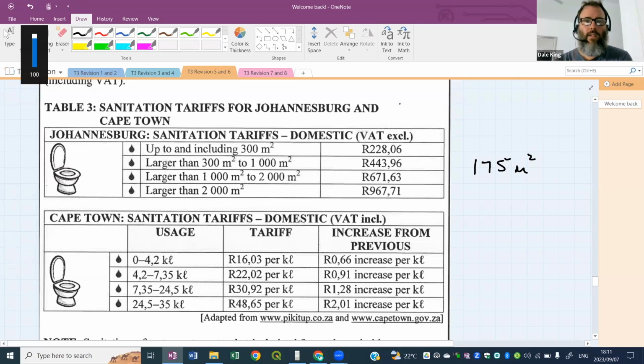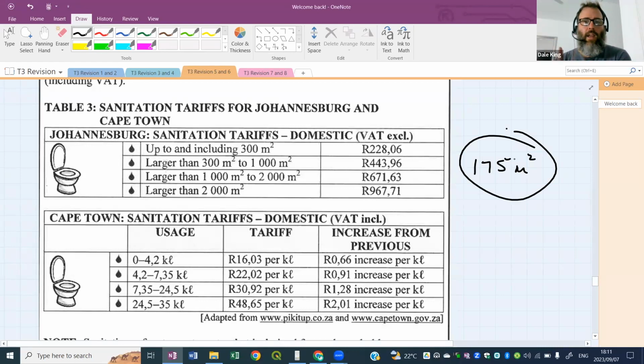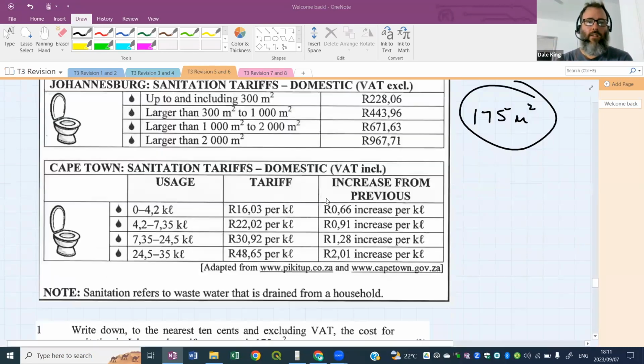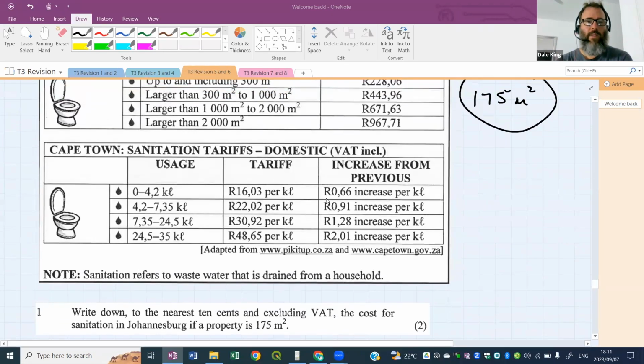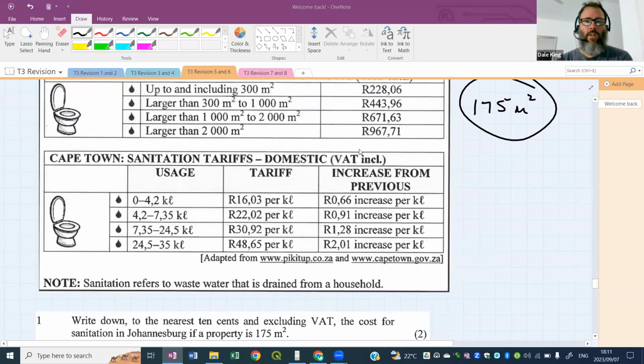We're looking for the tariff for a property that is 175 meters squared for Johannesburg. We need to round off to the nearest 10 cents, and it must be VAT excluding, but the table is already VAT excluding. Oh, sorry, guys, there's the question at the bottom. All I did was write the 175 square meters. In fact, you can see the whole table now.